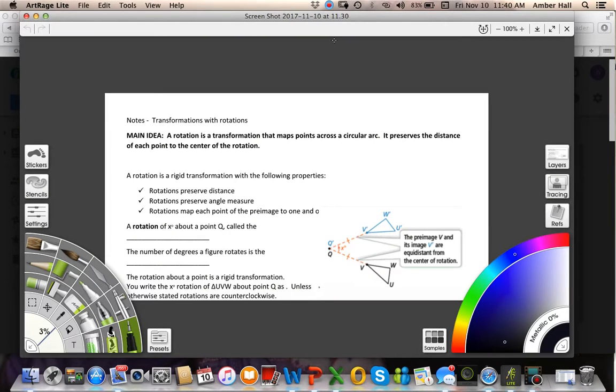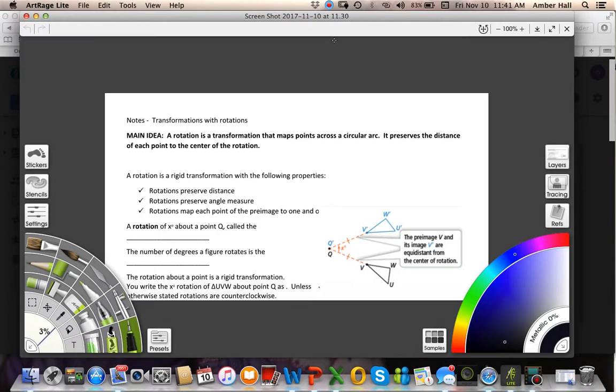Now I want everyone to look at your notes. I just have part of the notes on here right now. And today we're talking about rotations, like I said. And when we did both translations and reflections, the shape didn't change size, right? It stayed the same length sides and the same measurement of the angles. And the same applies today as well with rotations.